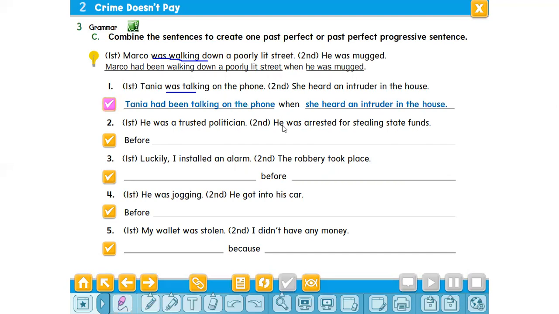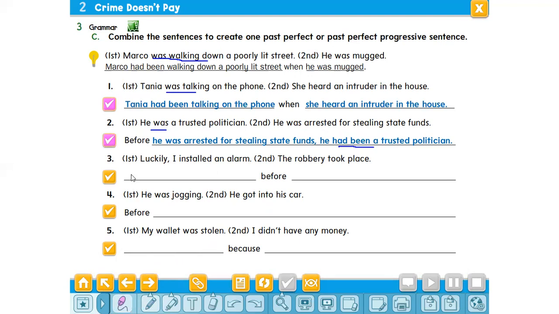Before he was arrested for stealing state funds, what had happened? He had been a trusted politician. Here we use past perfect, because the main verb here is past simple. We change it into past perfect: had plus past participle.